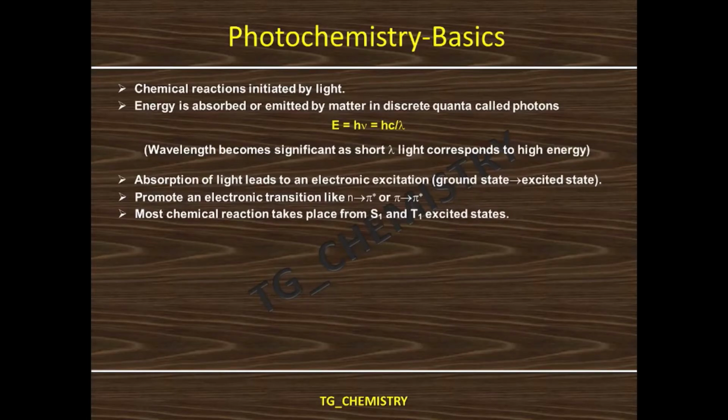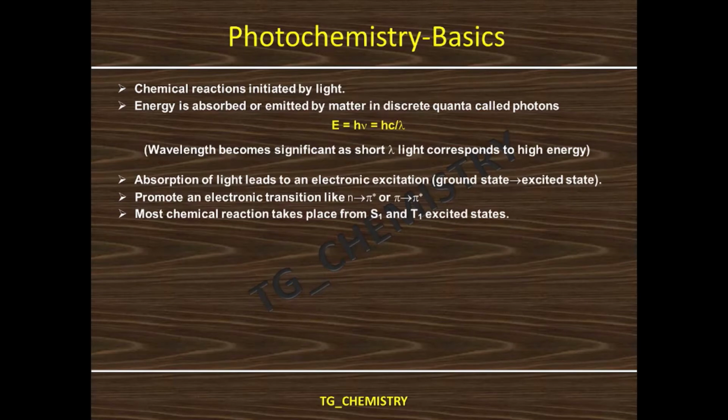Therefore photochemical reactions have to be initiated by light, and the energy absorbed or emitted by matter in discrete quanta is called photons, and their energy is calculated with the famous equation E = hν, or E = hc/λ. Here lambda, the wavelength, becomes significant, with a short wavelength corresponding to higher energy.